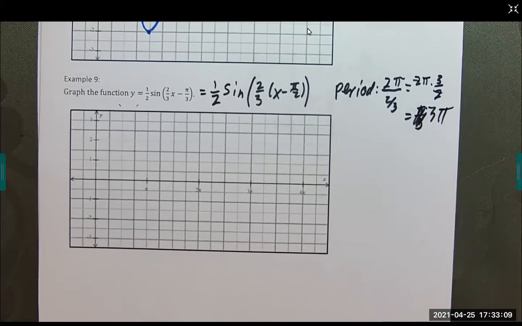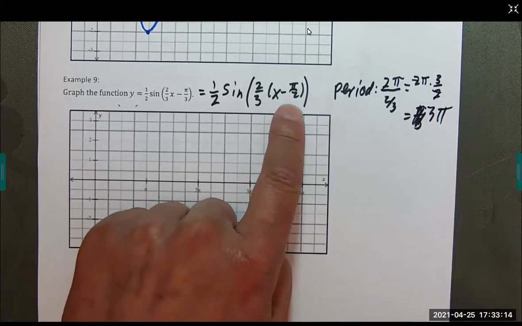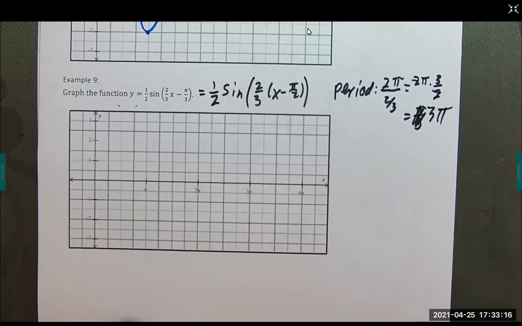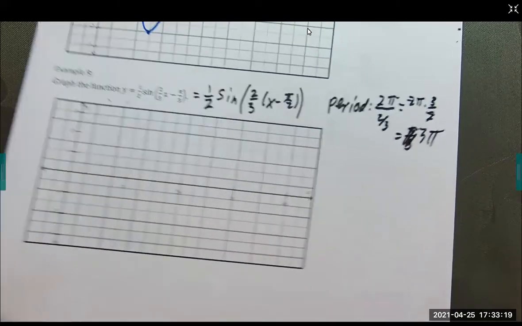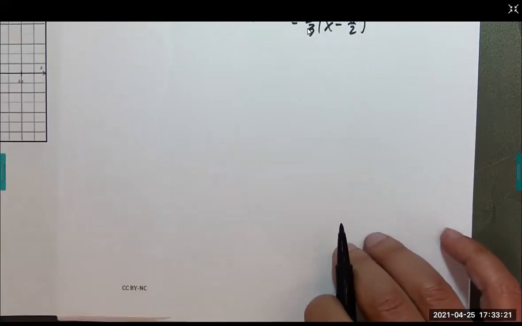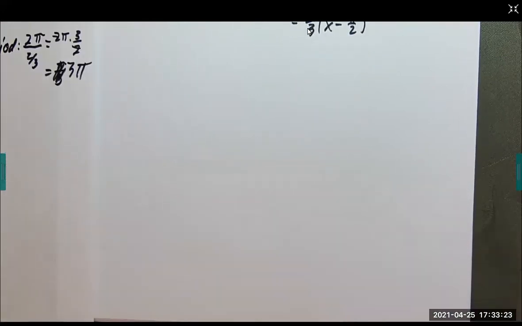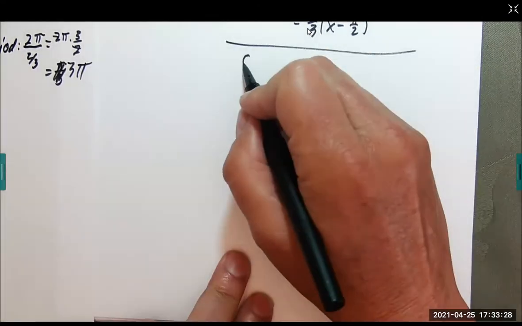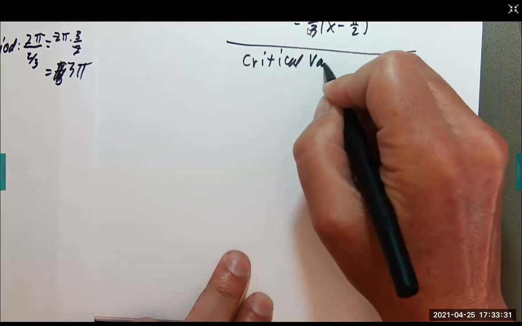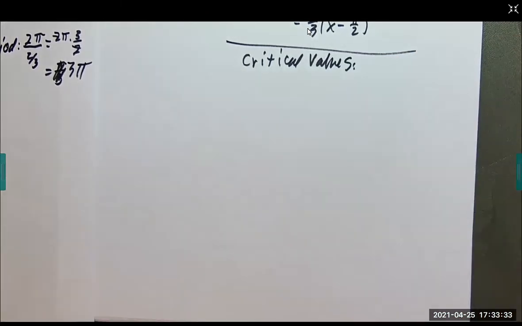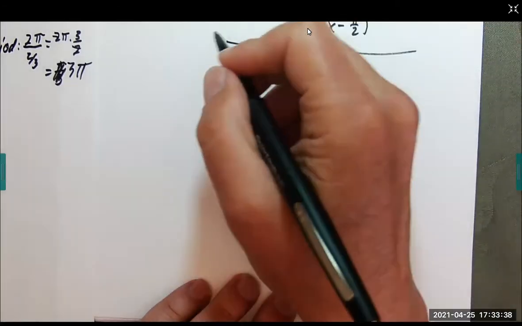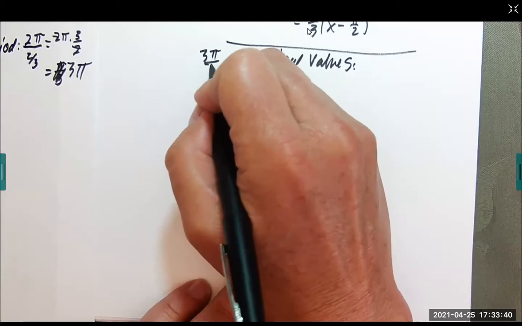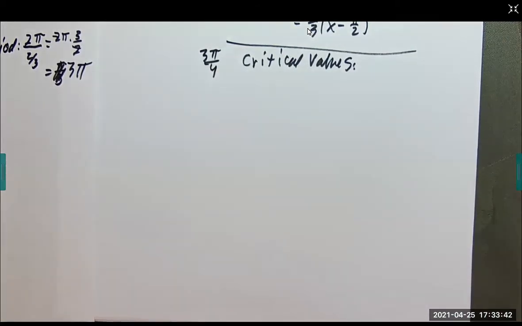Okay, so it looks like our starting point is going to be pi over 2. Everything's been shifted over. And let's come up with our critical values. Remember, we take the period, 3 pi divided by 4, and that's going to be our incremental sizes.